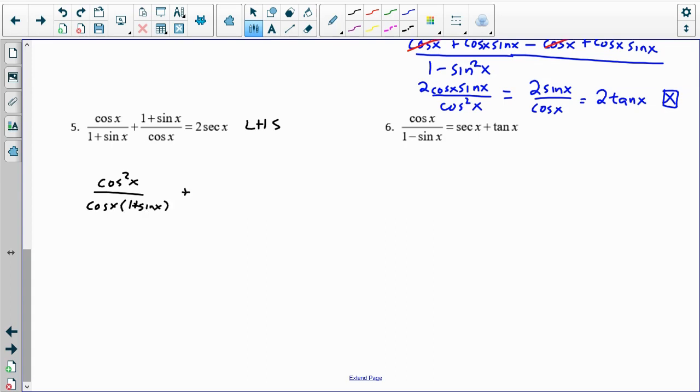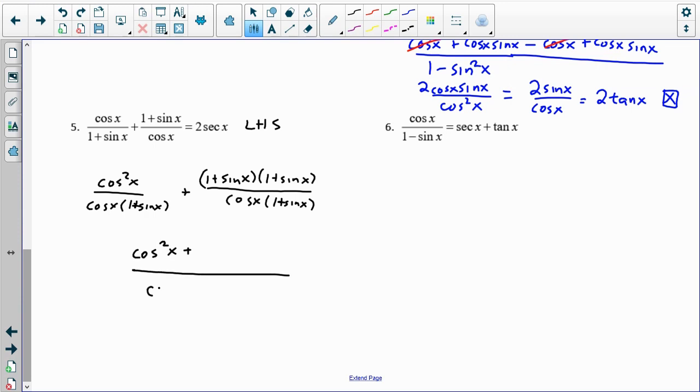And then I will multiply the top and bottom of the rightmost term by 1 plus sine x. So I just basically got a common denominator for us. Now I have cosine squared x. I'm going to put all of this over cosine x times 1 plus sine x.